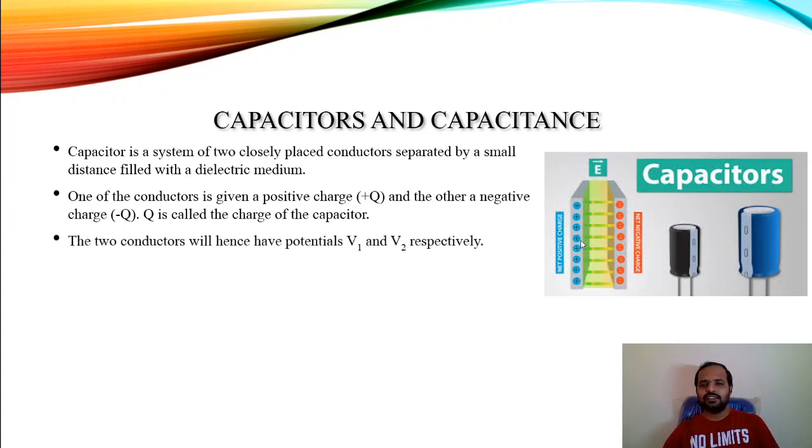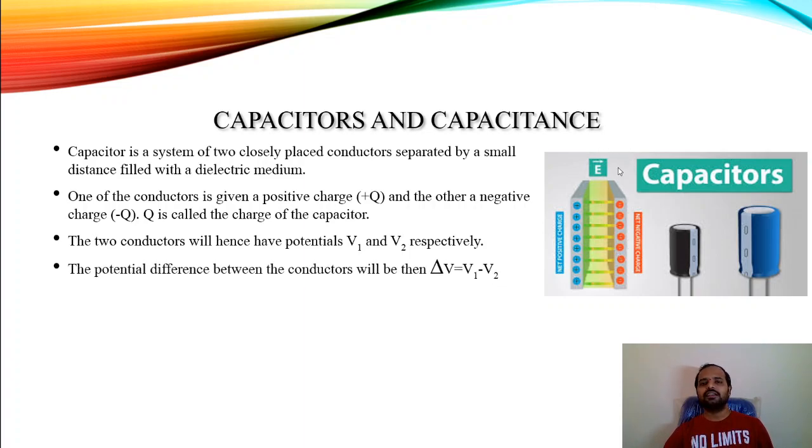Now, due to this, there will be a potential difference which will exist between the two conductors, and as a result of the potential difference, there is an electric field which exists between the two conductors. So, between the two conductors, there is usually a uniform electric field which is existing.